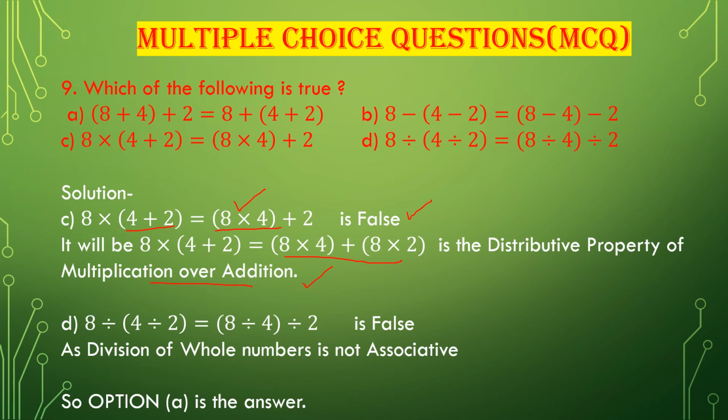And D, 8 divided by (4 divided by 2) equal to (8 divided by 4) divided by 2. This is also a false statement, as division of whole numbers is not associative. We know division is not associative in whole numbers.